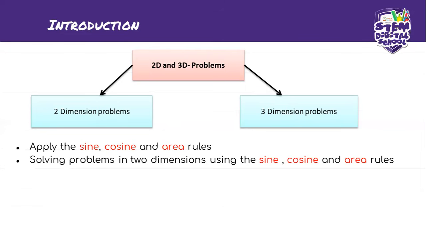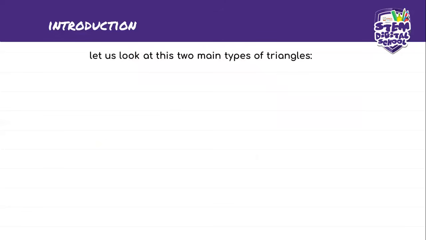And now in grade 12, since we have introduced the 3D problem, we're still going to apply the sine rule, cos rule, and the area rule, right? Then let's see what we have. Now, let us look at these two main types of triangles.